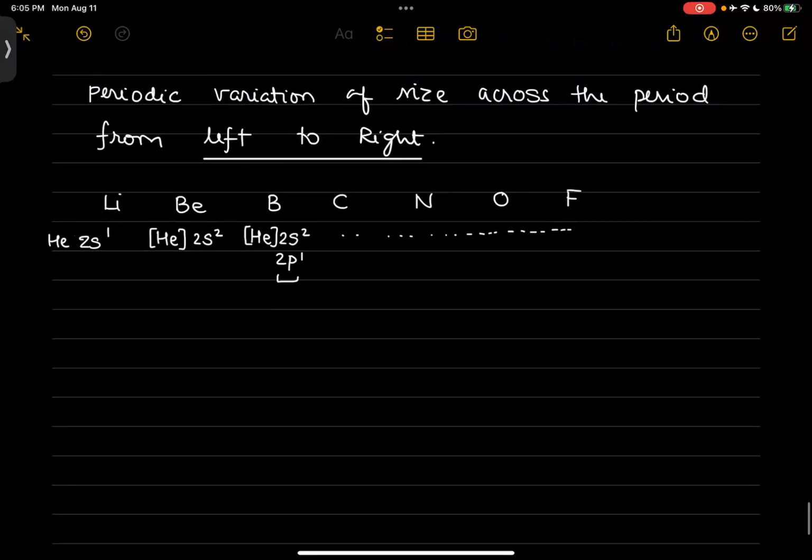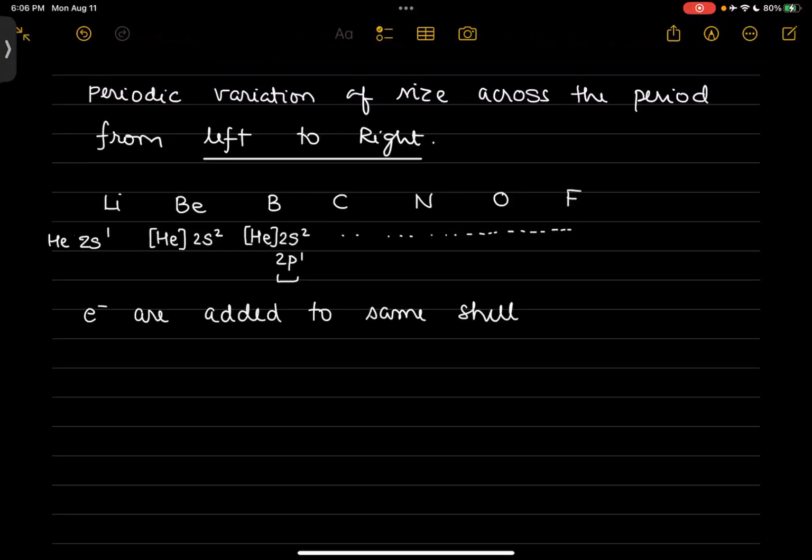And not only electrons are added, the protons are also added. So a new shell is not being added. Left to right, electrons are added to the same shell.